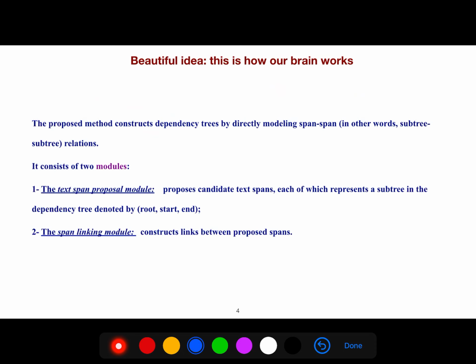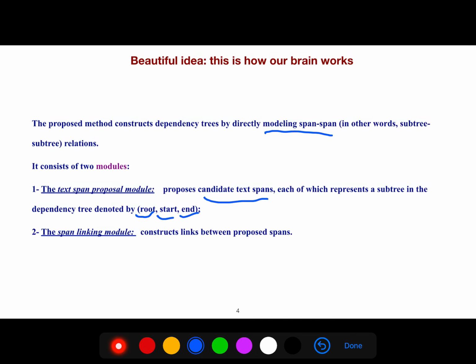So the proposed method constructs dependency trees by directly modeling span, in other words, subtree relation. It consists of two modules. The text span proposal module proposes candidate spans, each of which represents a subtree in the dependency tree, and we represent it by root, start, and end.